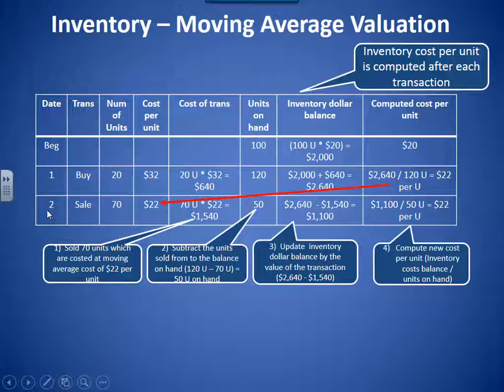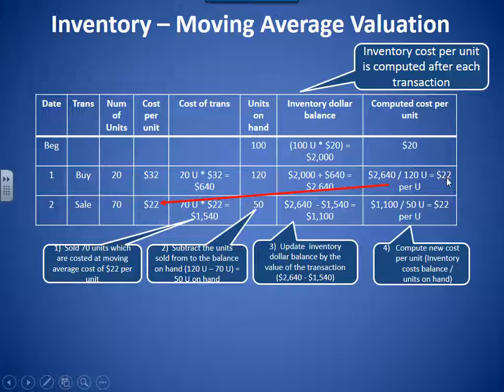In this case, we're going to be selling some units, so we're going to see how that is costed. In date number 2, our sale, we sold 70 units. The cost per unit in our sale, this is not the sales price per unit, but the cost per unit, is $22. We get the $22 from the cost per unit from our previous transaction.